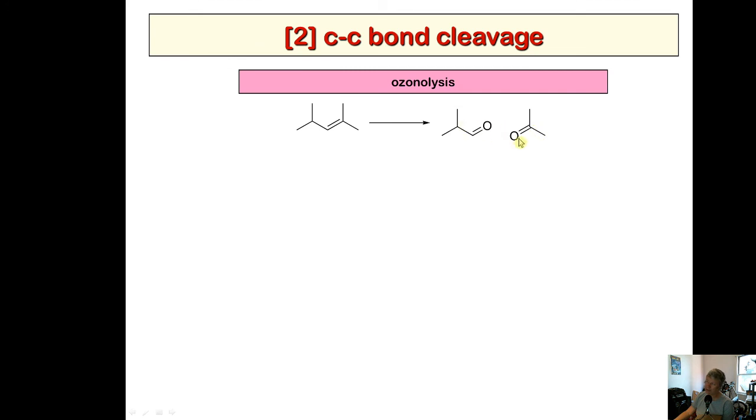And it gives you carbonyls, ketones or aldehydes. So this alkene is cleaved to give an aldehyde and a ketone. This is technically something you did in organic 1, so mechanistically not that interesting. The reagents are O3 and then zinc and acid, or zinc and acetic acid.